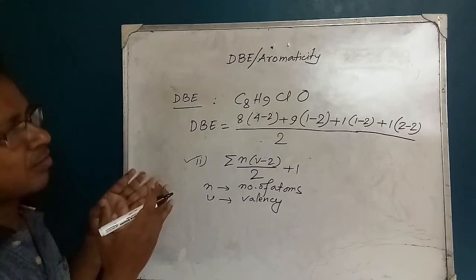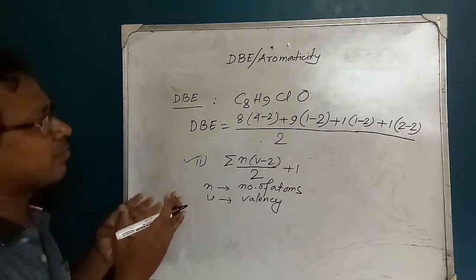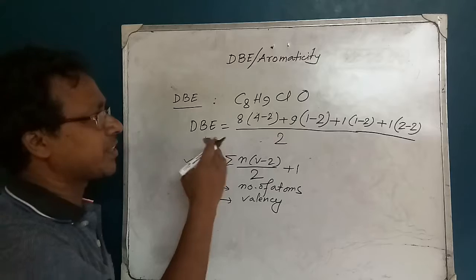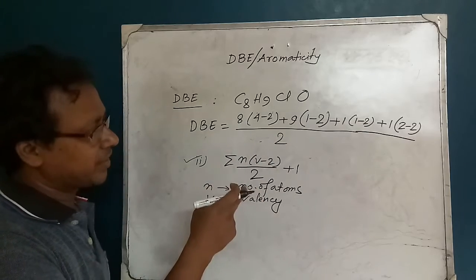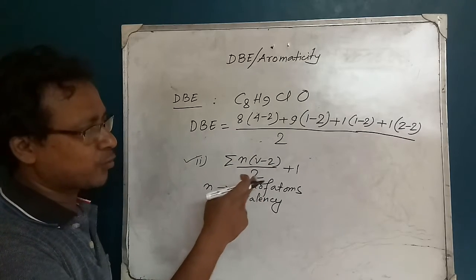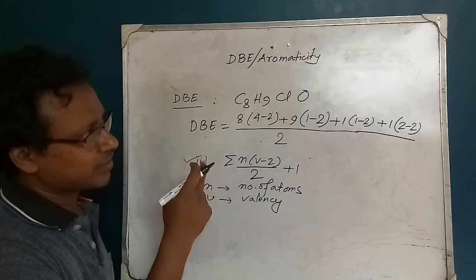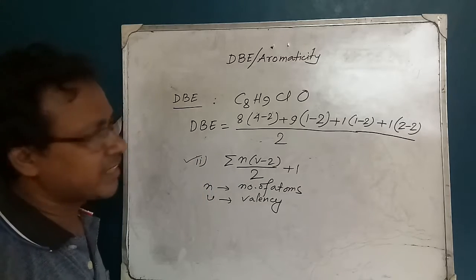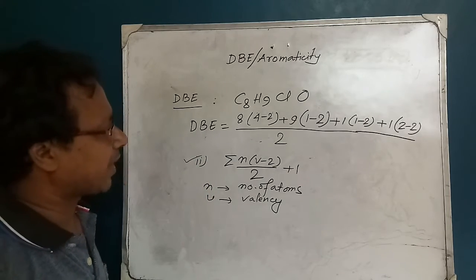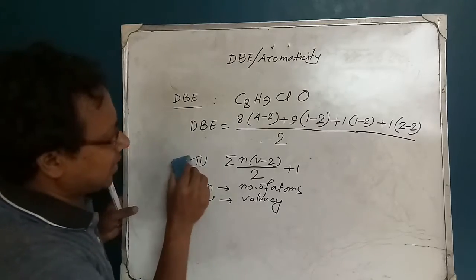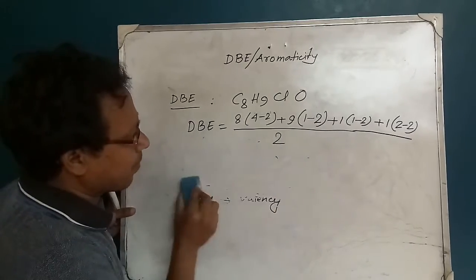Whatever an organic compound may be, you can follow this DBE rule. With this summation of n(v minus 2) by 2 plus 1, you can always easily find the value of DBE. Now I am calculating the above.